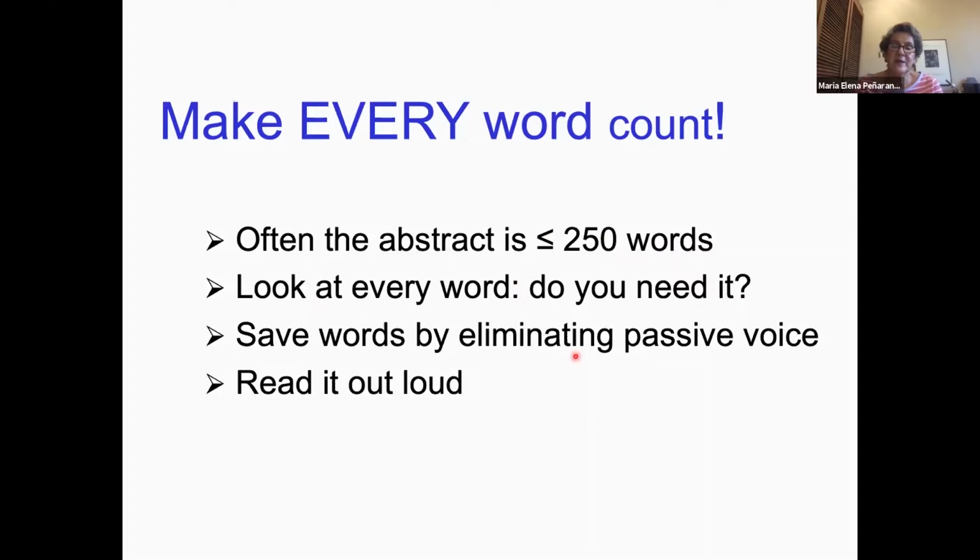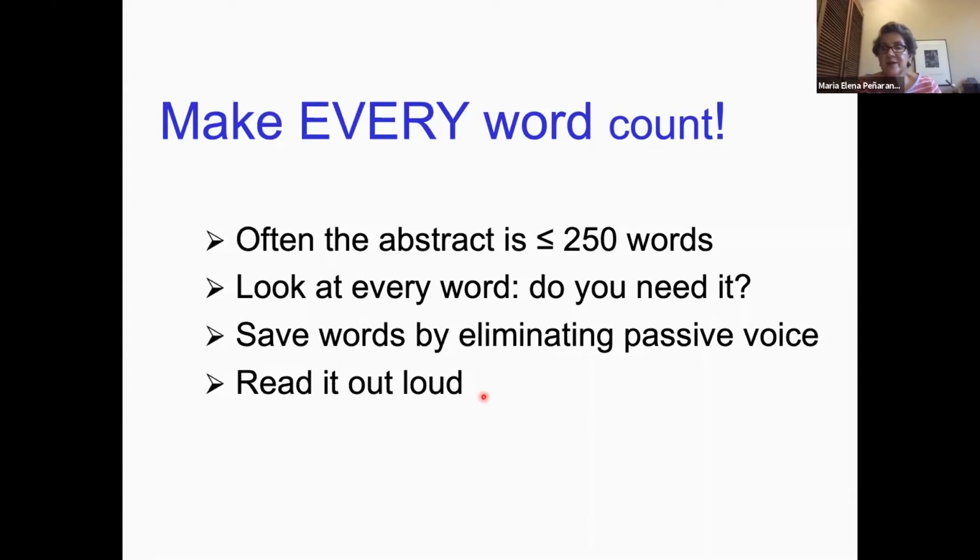Save words by eliminating the passive voice. Like we said, we eliminated, we determined, we found, and not it was found by our team. So go direct and read it out loud, because sometimes we repeat ourselves. Sometimes we find out that many words are not necessary, or it's not clear.